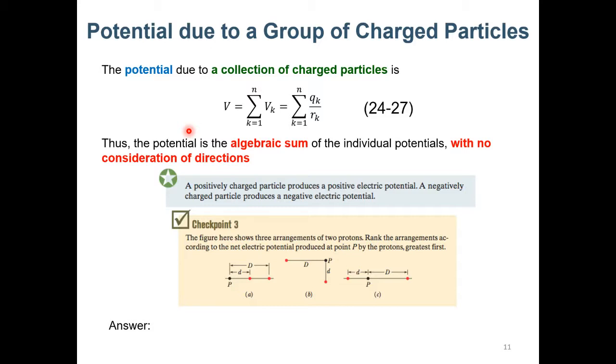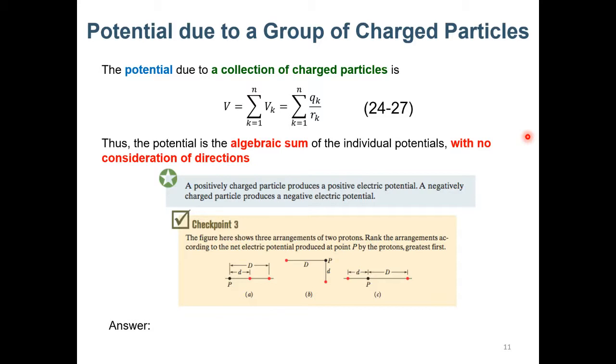When you try to add vectors together, you need to separate x direction and y direction, and add the x components together and the y components together, so that it will be more complicated. The potential is the algebraic sum of the individual potentials with no consideration of direction. So it will be more simple.